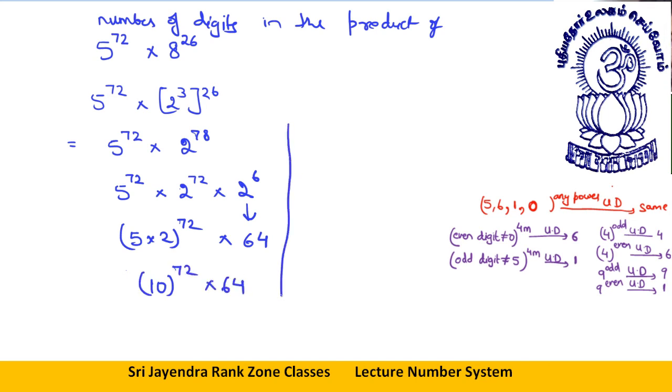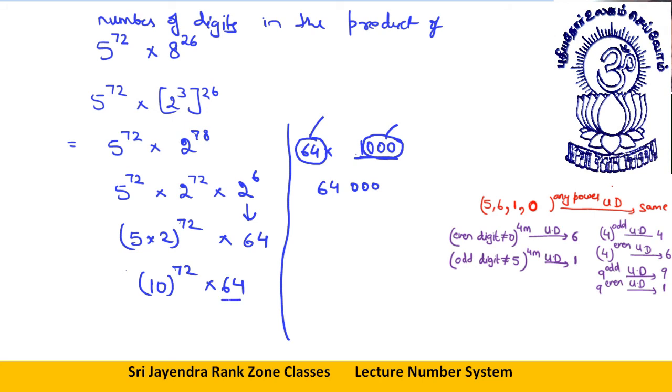Now I just need to explain you a small thing. Suppose you have a number like 1000, which has 4 digits. If you multiply this number with 64, what will your answer be? Your answer will be 64 followed by 3 zeros. So what's actually happening is the number of digits here plus the number of zeros will be your final answer. 2 digits from here, 3 digits from here.